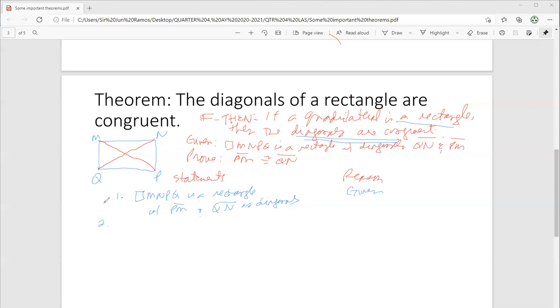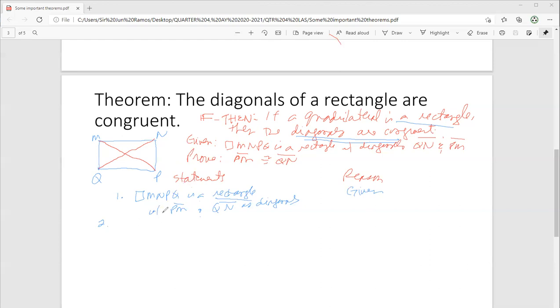What is the implication of this word rectangle? From our definition, the definition of a rectangle is that it is a parallelogram with one right angle. So let's say angle M is right or angle N is right, angle Q is right, angle P is right. Some books would say if a parallelogram has one right angle, it has all right angles.